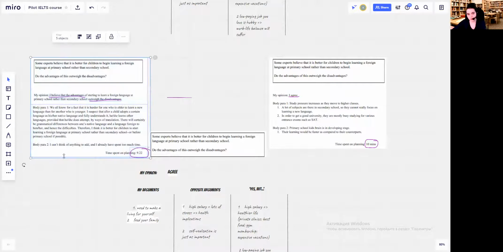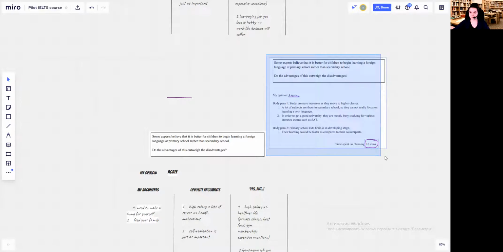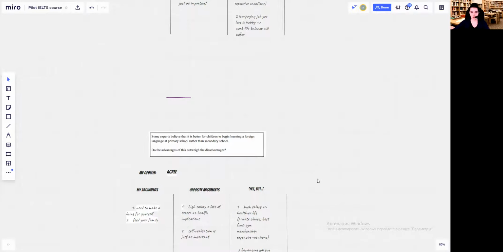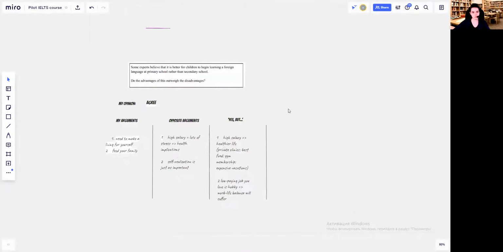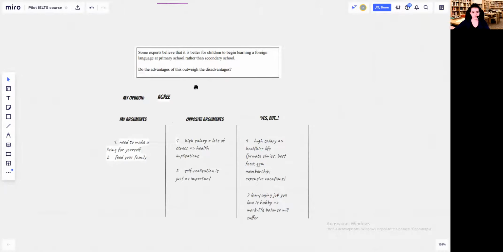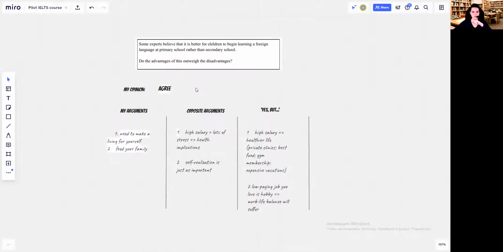Now, do I personally agree with that? I do. Yeah, I think the advantages do outweigh the disadvantages. But again, if I want to present a balanced view, I absolutely need to talk about disadvantages, which unfortunately the three people whose works you saw didn't do that.